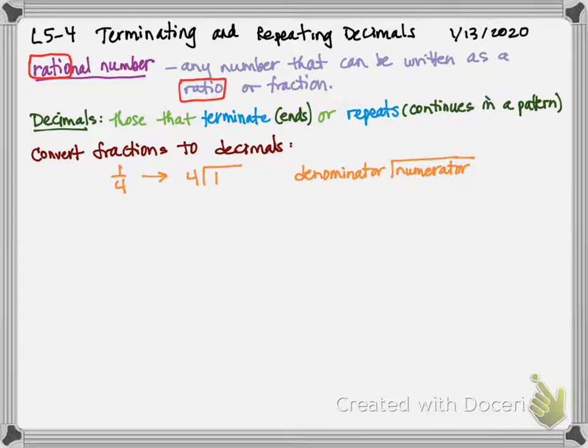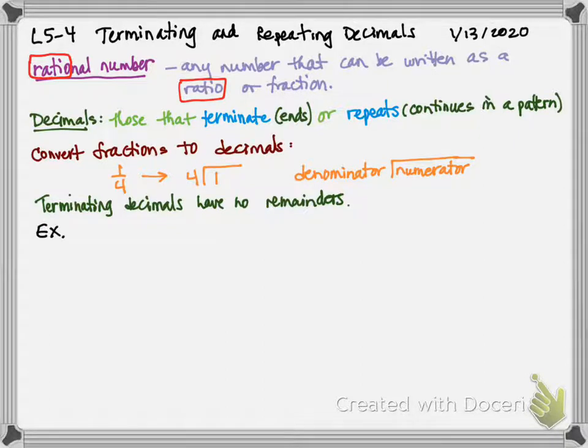Okay? So again, we want to mention that the terminating decimals have no remainders. So it ends. Now, sometimes you have to bring down a 0 and continue dividing in order for that to happen. So let's go ahead and do some practice problems on this.